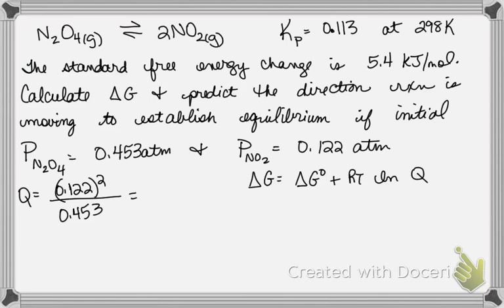Okay, for Q, did y'all get 0.0329? That is unitless. Be sure you remember that's plus. Don't multiply everything out here.